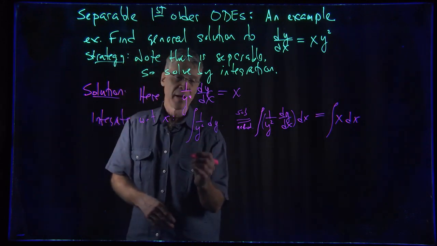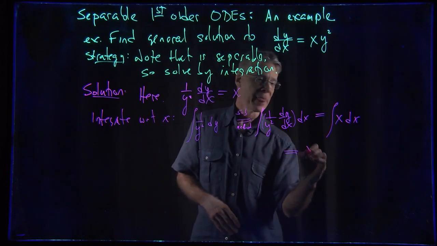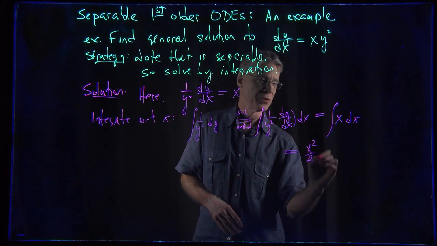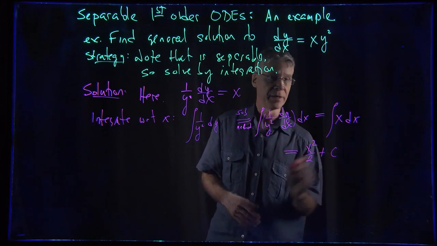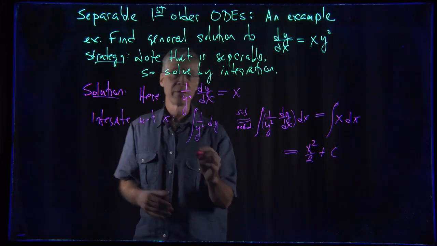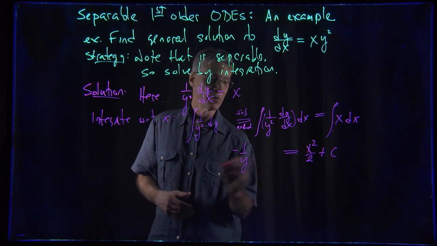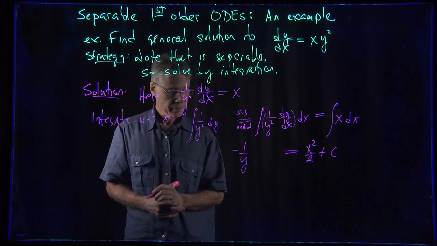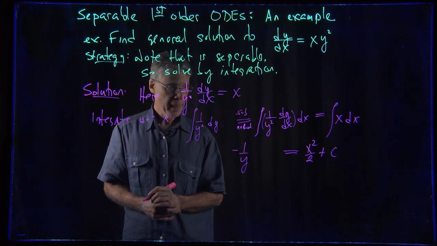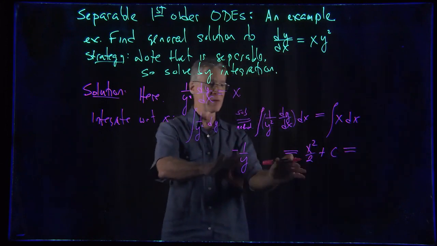Okay, great. So we do the antiderivative here, and we get x squared over 2. There is a constant here. We're going to get a constant for this one too, and the antiderivative of y to the minus 2 is minus 1 over y. This might make it a little easier since I'm going to be solving for y now.